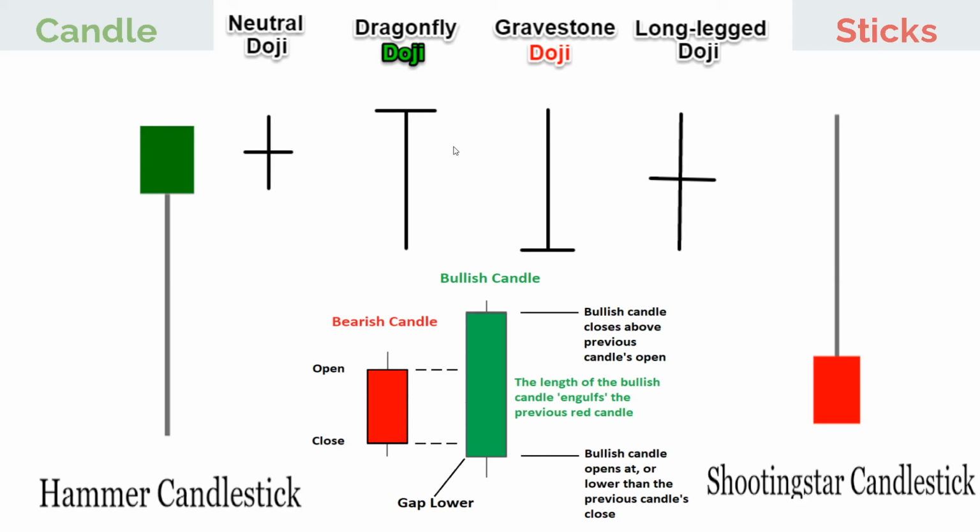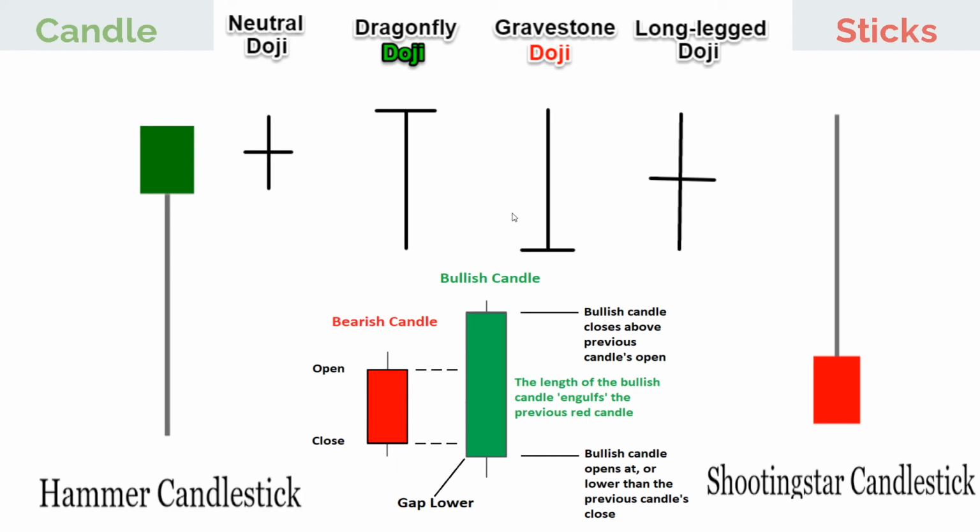Some Japanese candlesticks are the neutral doji, which basically has no candle body, which means you open and close at the same price and you didn't move too much. So not too much indication from that. You have the dragonfly doji, which means you opened and closed at the same price, but that price was much higher than your lowest point within that candle hour.